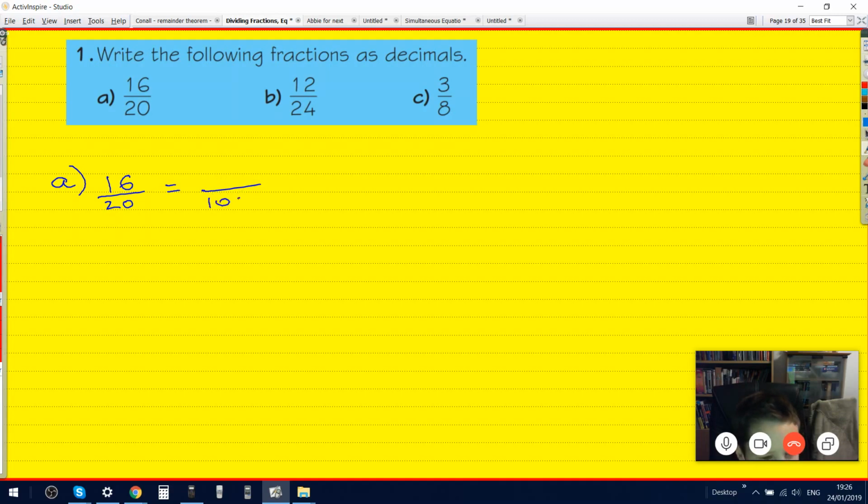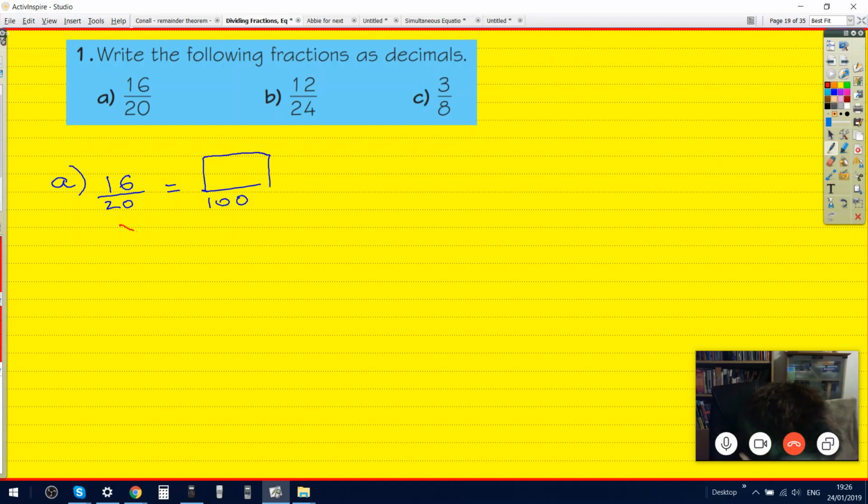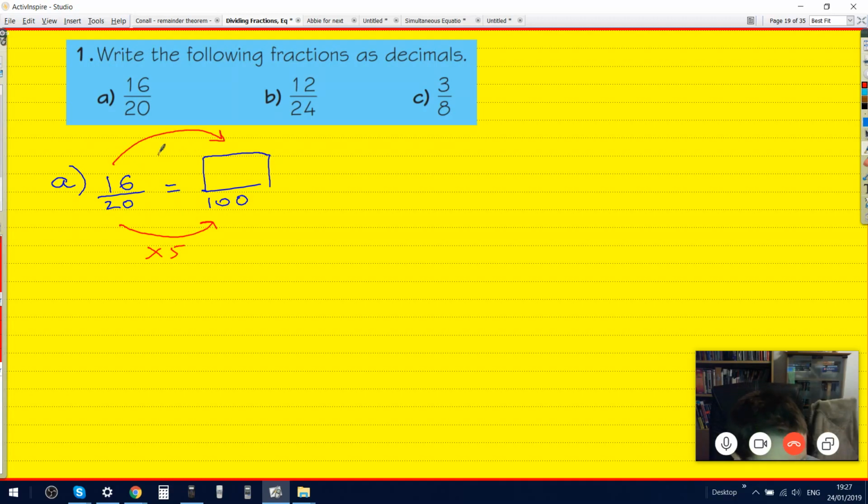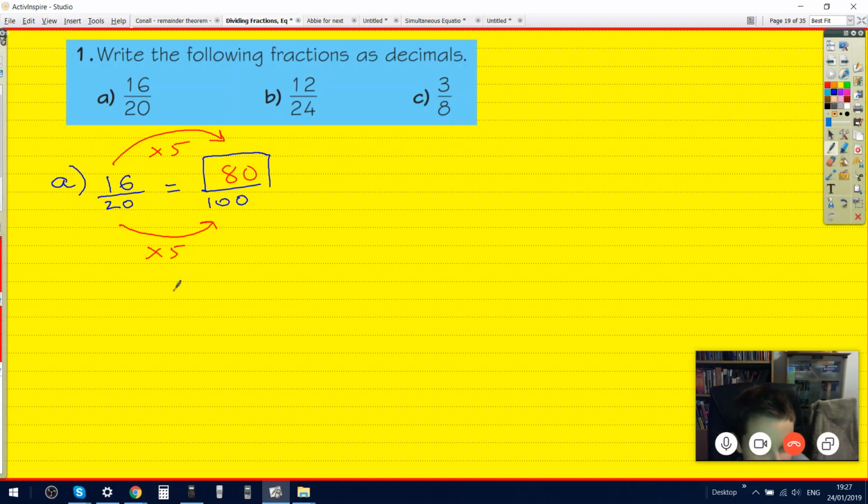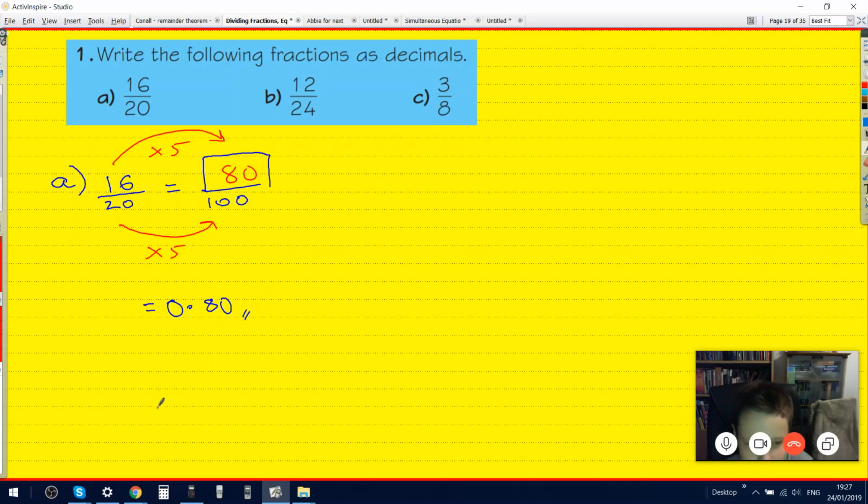And so you times 16 by 5, which equals 80. And so that is equivalent to 80 over 100. But they're wanting it as decimals, so it would be 0.80. Yeah. And that's the same as 0.8, but they're both correct.